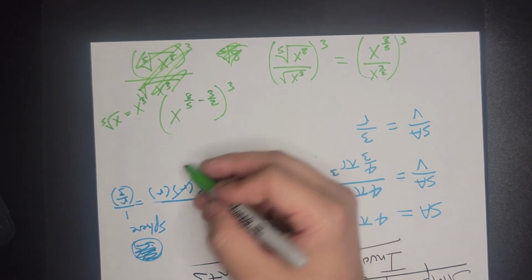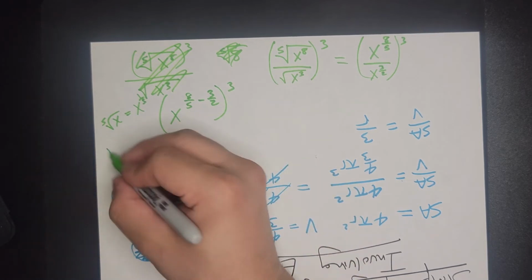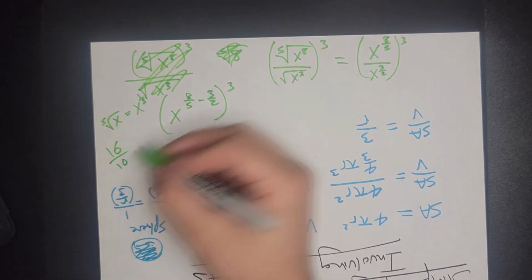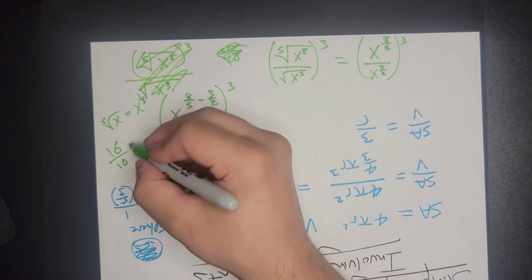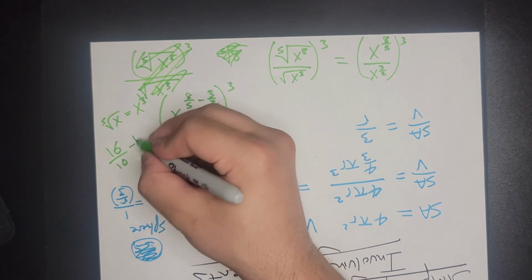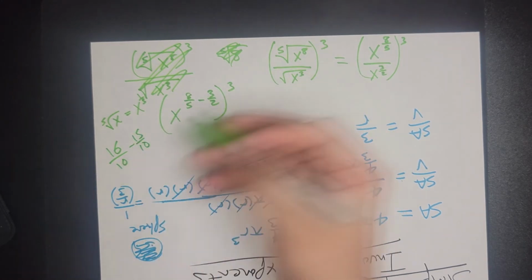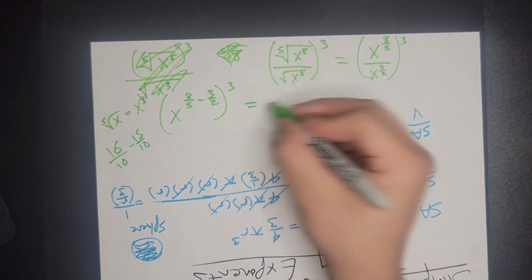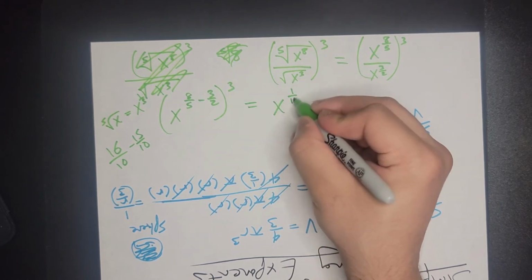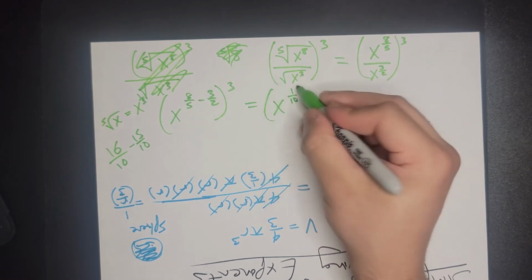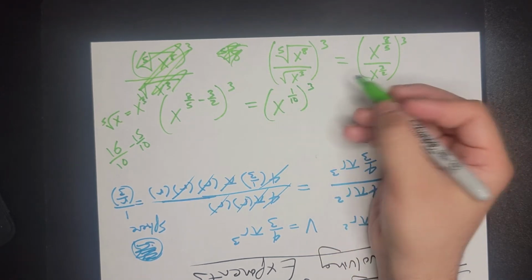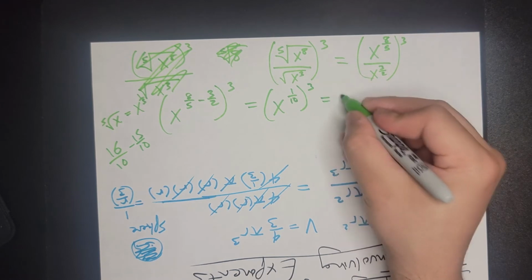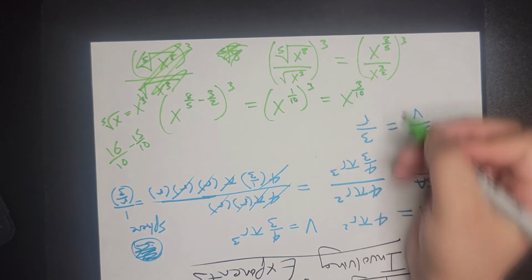Let's do the fraction math. I'll multiply that by 2, 16 over 10. Multiply that one by 5. Minus 15 over 10. So I'm left with 1 over 10. So x to the power of 1 over 10 cubed. And if I multiply that in, 3 over 10.